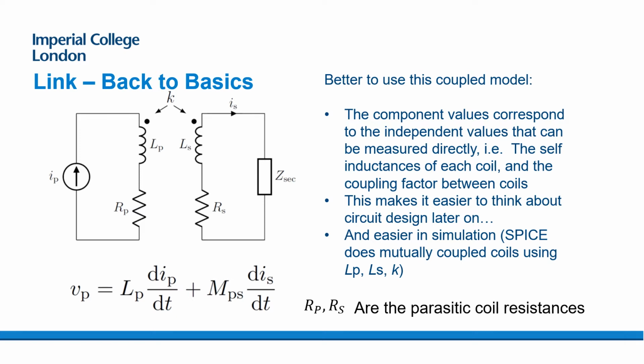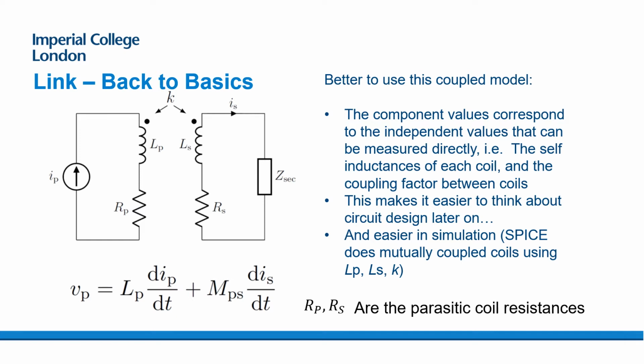The reason that we're interested in going back to this type of model rather than the one that I showed you on the previous slide is that here we can just talk about there being one inductance on the primary and one inductance on the secondary. And of course, these are actual physical components in your IPT system. If you can build a model that uses that, and obviously coupling factor as well, the real physical components are now in the model, rather than splitting them out into different parts depending on whether it's a magnetizing inductance or a leakage inductance.